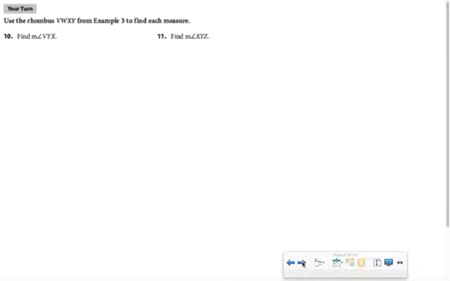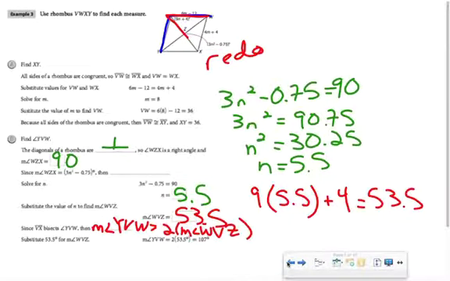We're using the same rhombus from the last diagram to find each measure. So now we're asked to find the measure of angle VYX. Okay, we already know that YVW is 107.